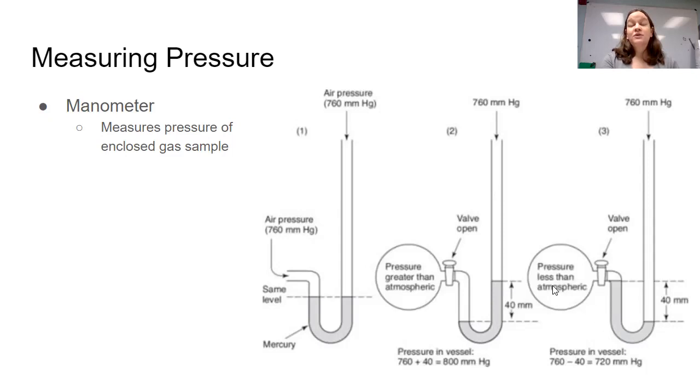If the pressure is less than atmospheric pressure and it pulls the mercury towards it, in this case it's changing by 40 millimeters, so we would subtract that from our standard air pressure and get 720 millimeters of mercury. For these two things, you just need to know the basics of how they work. We are not going to actually use them. We have some other tools that we're going to use to measure pressure.